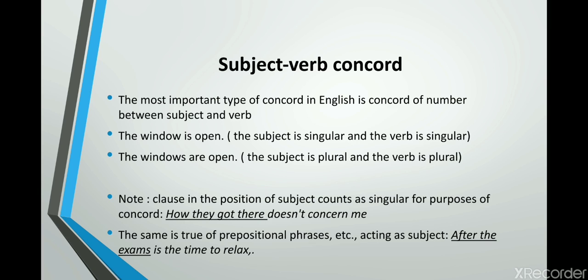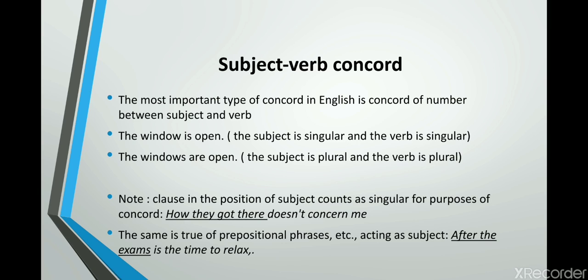Subject-verb concord. The most important type of concord in English is the concord of number that is available between the subject and the verb. So this means that when we have a singular subject, usually we have a singular verb. And when we have a plural subject, we are going to have a plural verb.